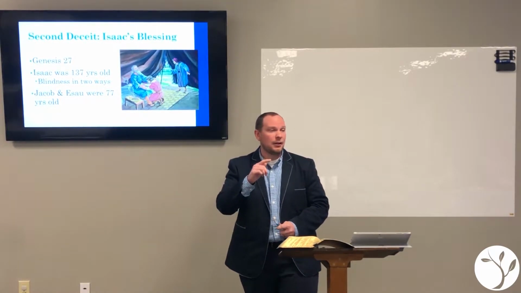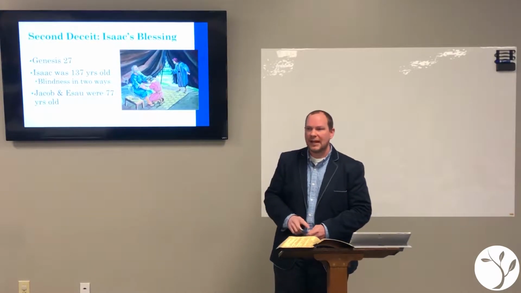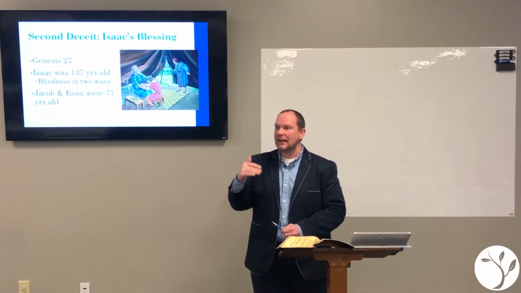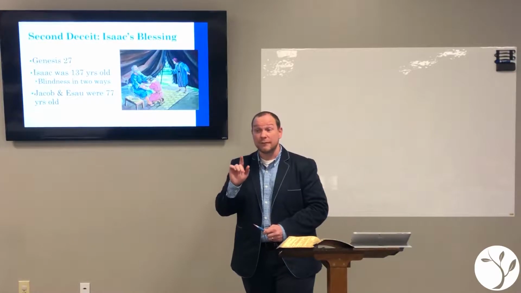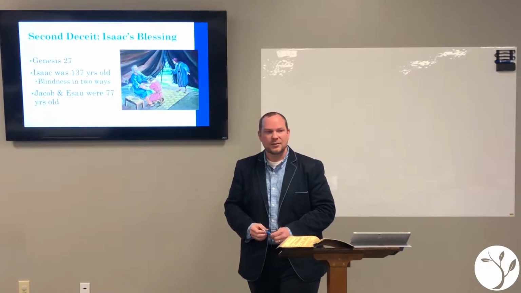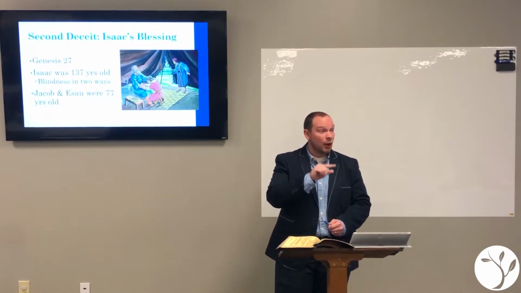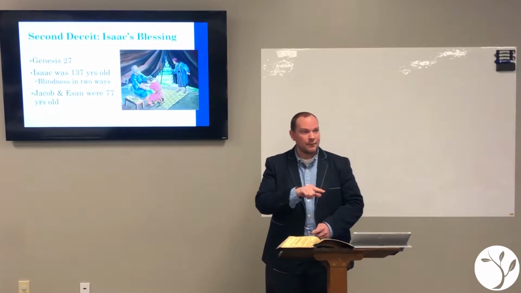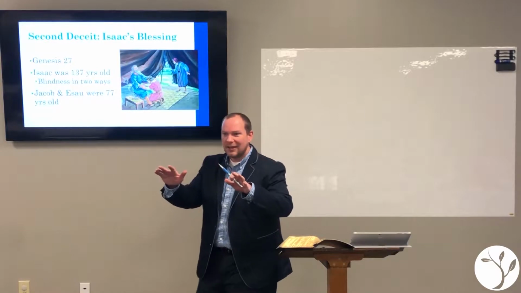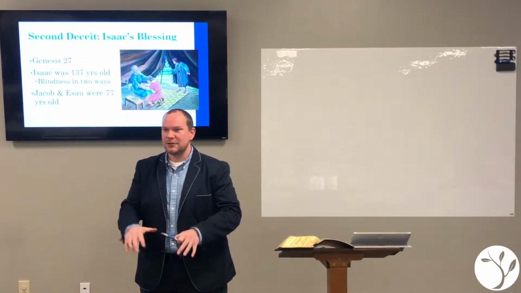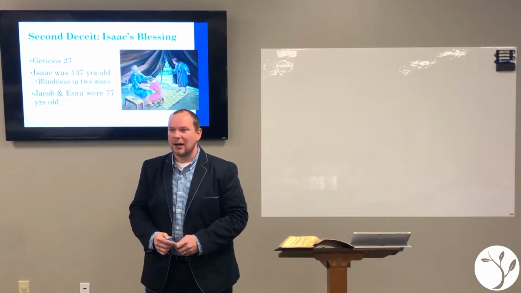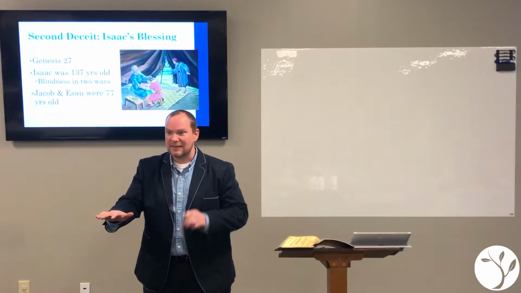And then even late in the life of Jacob, when he gives his blessing to the sons of Joseph, Joseph has two sons, Ephraim and Manasseh. Manasseh is the older of the two, but when Jacob blesses them, Joseph puts them in front of Jacob, his father, Manasseh on the right, Ephraim on the left.